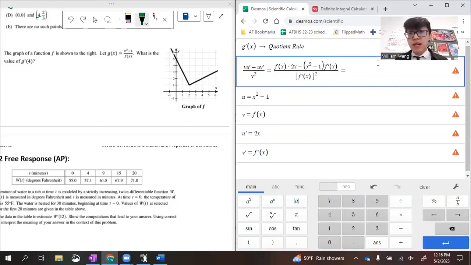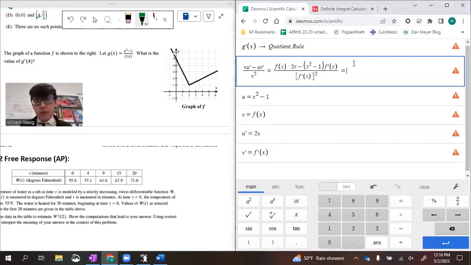Cool. And I'm going to plug it in at 4, right? It says g prime of 4. So I plug in 4 for all my x values. So it's f of 4 minus 2 times 4, so I'm going to turn that to 8. All right, 4 squared minus 1 is 15, times f prime of 4, all over f prime of 4 squared.